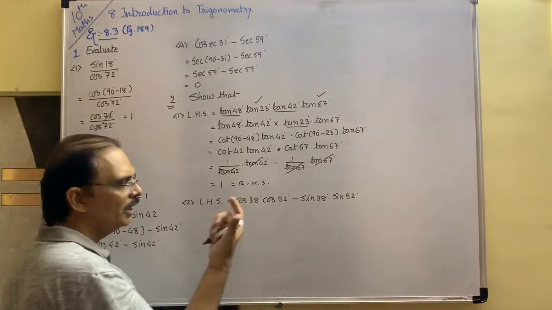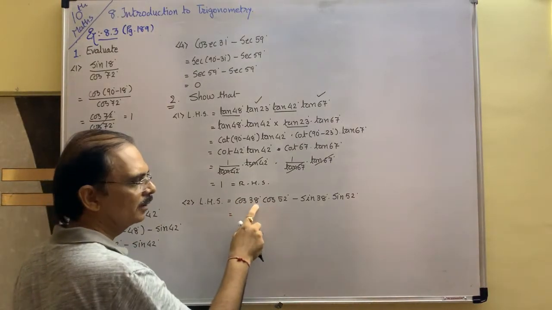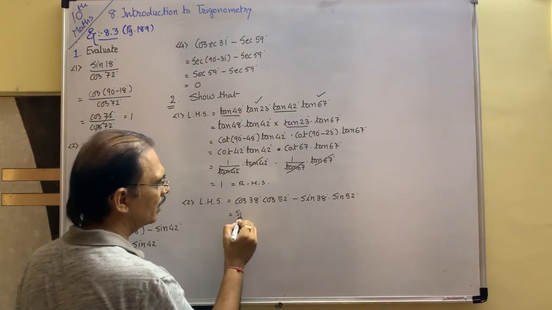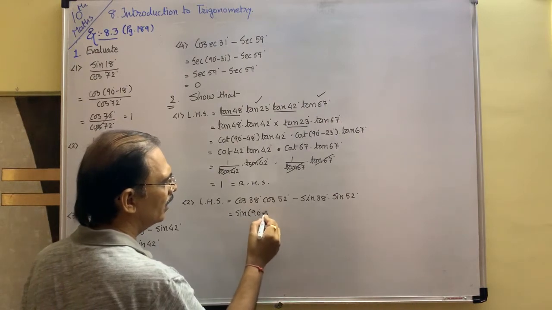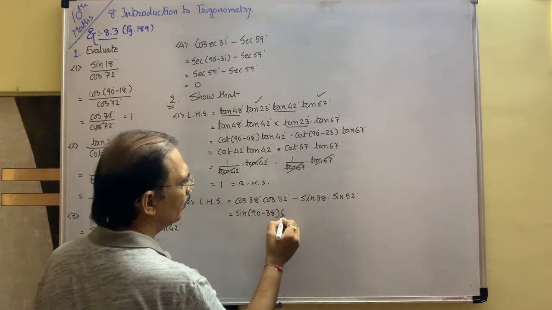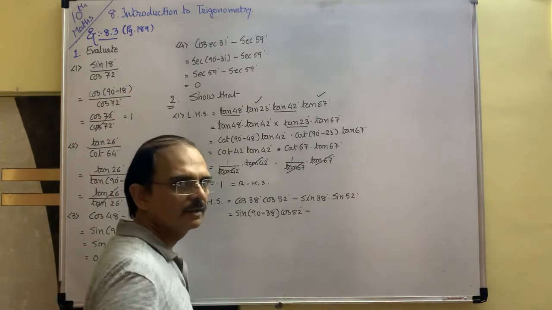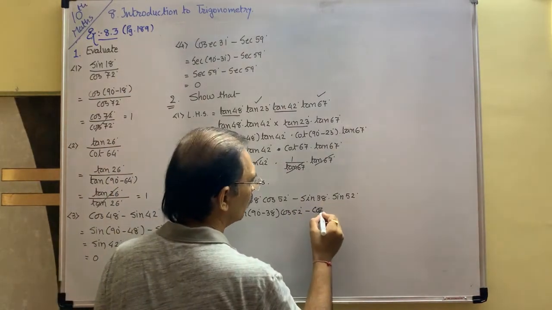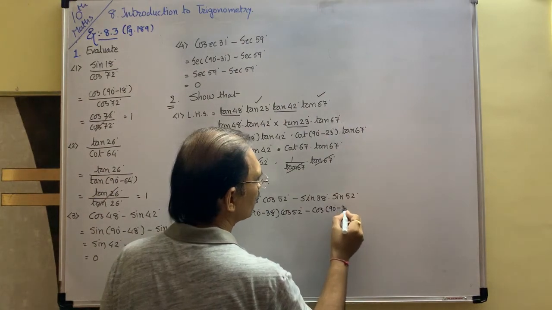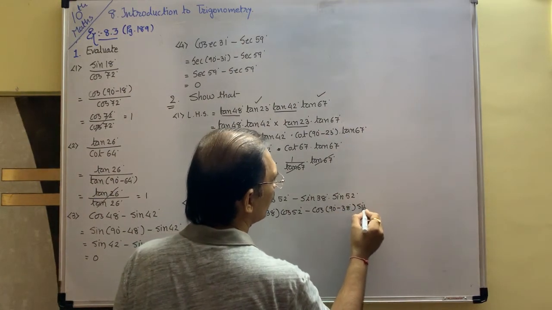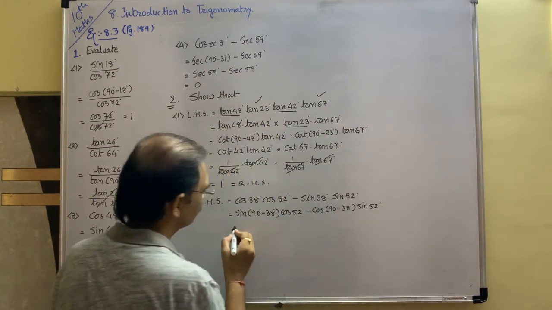Out of these two, change any one. This is cos theta. I can write cos theta as sin (90 minus theta), where theta is 38, so sin 52. Keep cos 52 as it is. Out of these two, change any one: sin 38 is cos (90 minus 38), so cos 52 into sin 52.